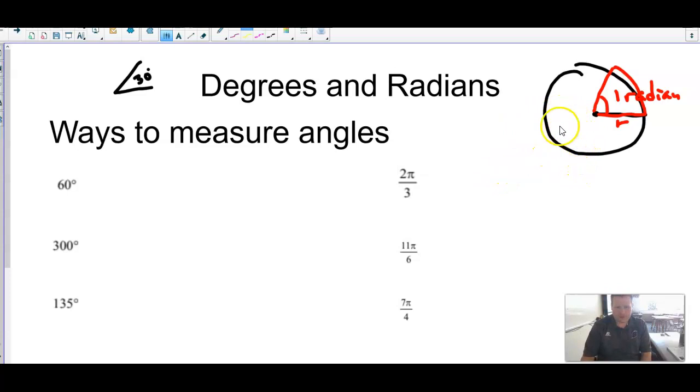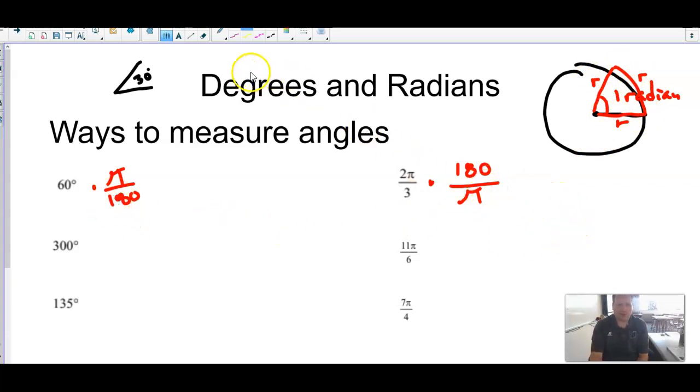So my conversion, if I ever want to convert from degrees to radians, all I'm going to do is times this by pi over 180. And if I want to go from radians back to degrees, I'm going to times that by 180 over pi, and that will get me from one to the other. Again, a radian is when all these are of r length. All my radians, even this outside curve, would be of r length, okay?